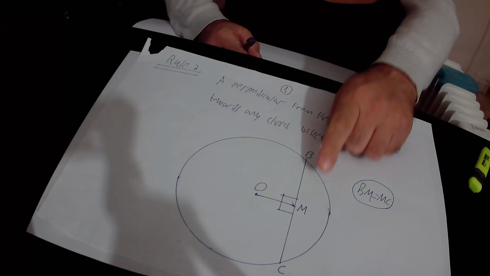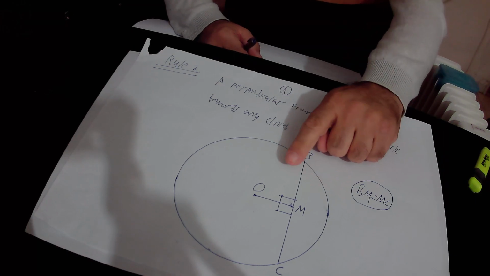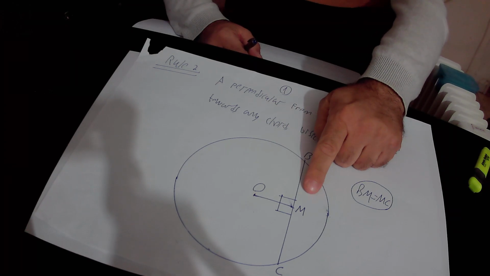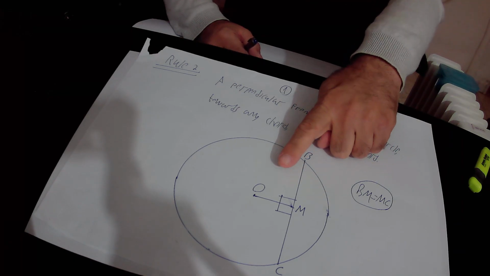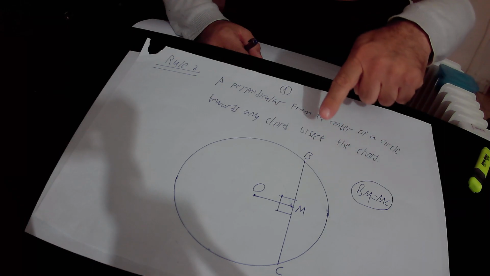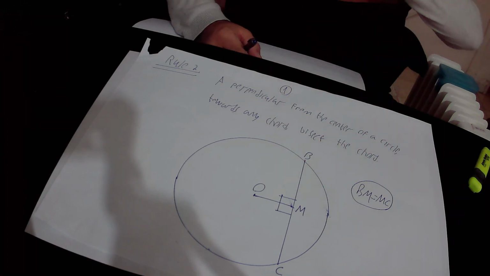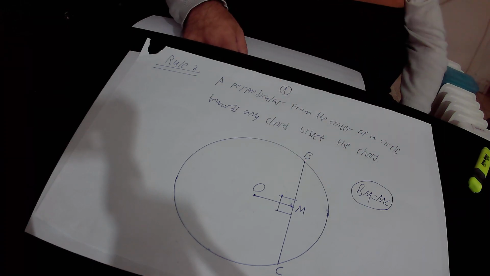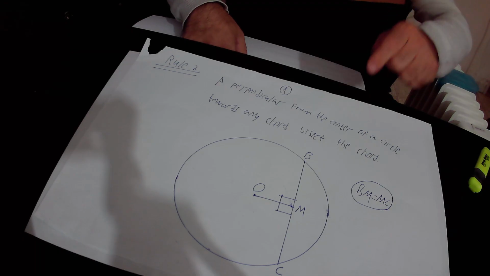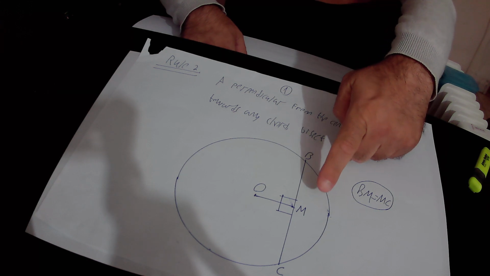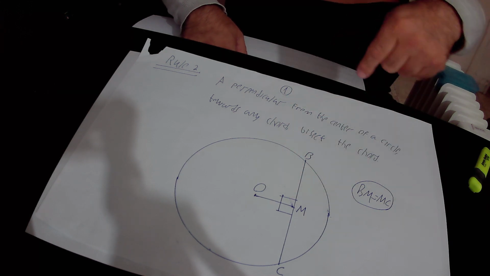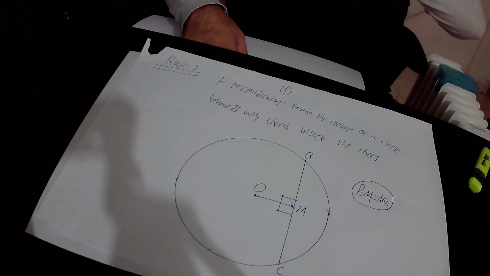We define the touching point of the perpendicular from point O and chord BC as M. According to rule number 2, the perpendicular OM bisects chord BC. That is to say, OM divides chord BC into 2 halves, the first half is BM, the second half is MC. And of course, they're equal to each other, that is to say BM equals MC.